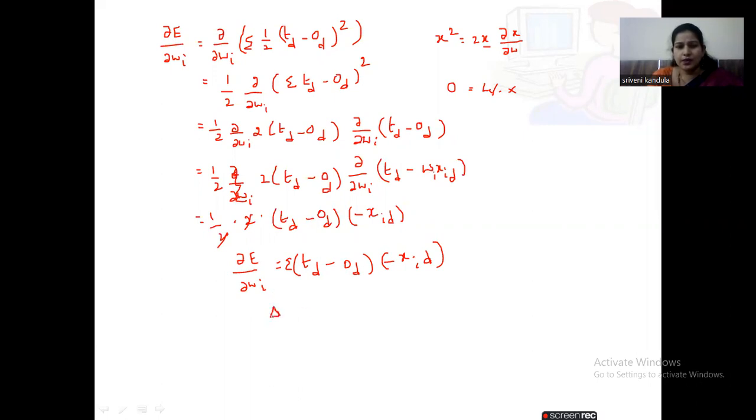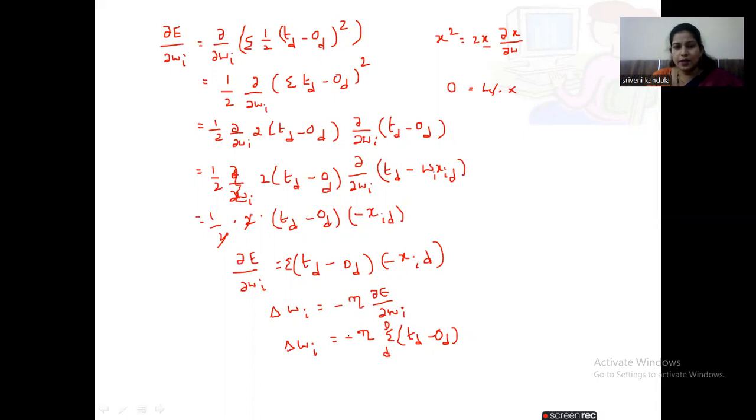So what is my ΔWi? ΔWi is minus eta ∂E/∂Wi. Let us substitute that here. The final formula for ΔWi is minus eta into the sigma over d in D of (Td minus Od) and a minus Xid.